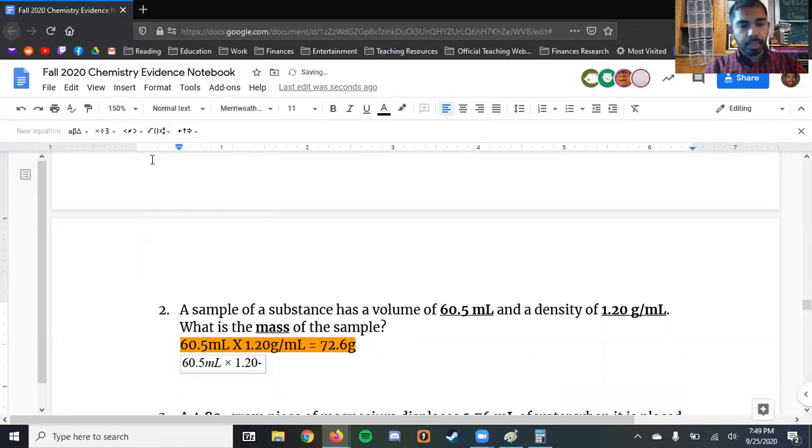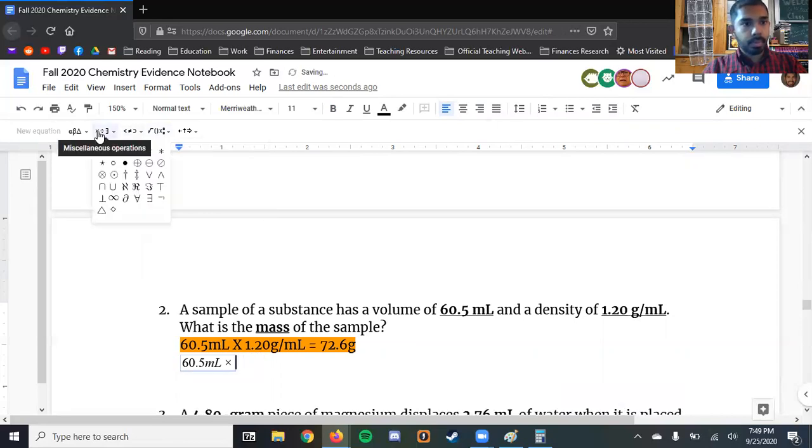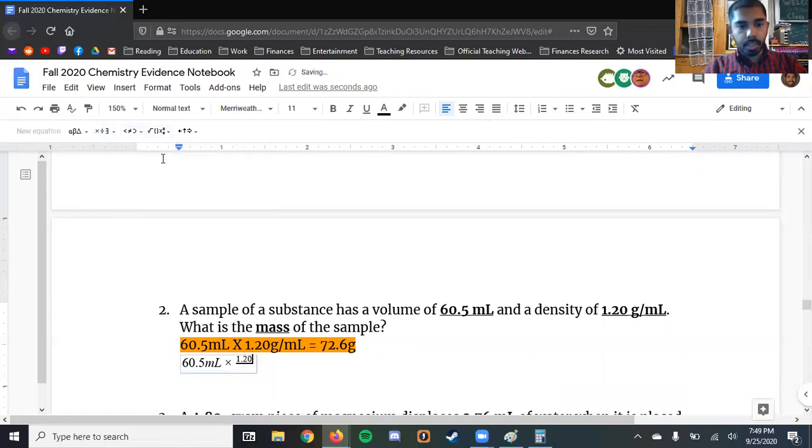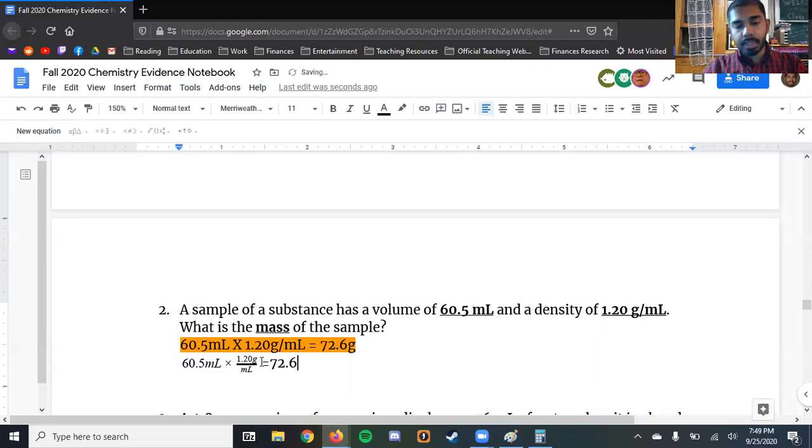We're doing a fraction here, 1.20 grams over milliliters. And so this way, we have our milliliters cancel each other out, right? And when they do, we'll still get the same answer, 72.6, but in this case, we're very sure it is grams.